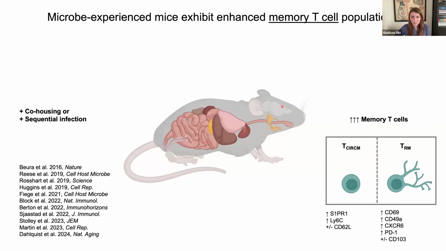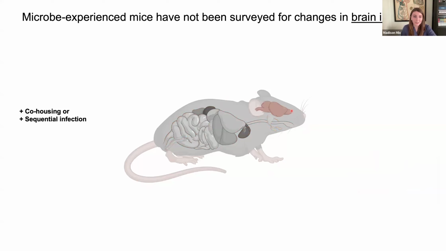Now, in the center image of this mouse, what I've tried to do is highlight tissues that have already been profiled by these previous papers. And you'll probably note classic lymphoid organs like the spleen, lymph nodes, as well as a lot of barrier tissues like the respiratory tract, the gastrointestinal tract, reproductive tract, and integumentary tract like the skin. But of course, as an immunologist, I've appreciated that there's one organ that's always missing, and that is the brain.